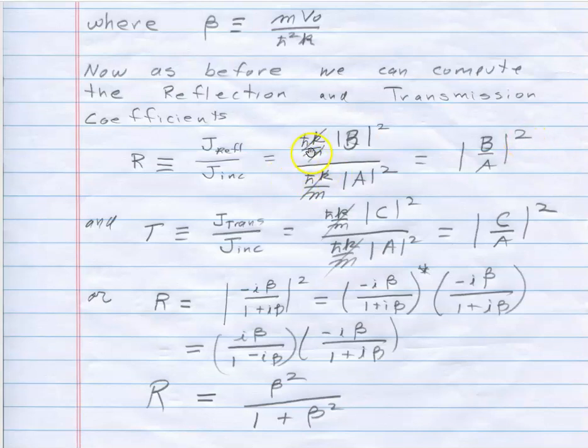For the reflection, it's just h bar k over m times the amplitude B squared. And for the incident wave function, it's h bar k over m times the absolute modulus of A squared. And I can combine those to B over A.